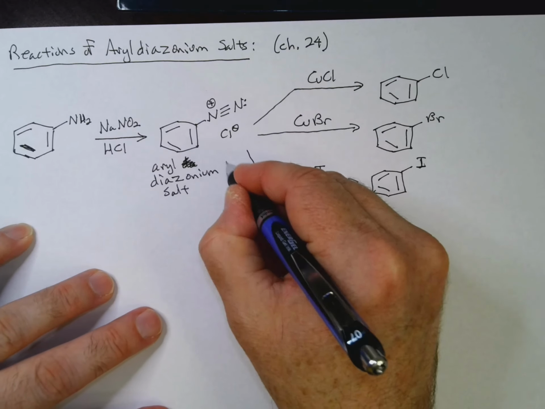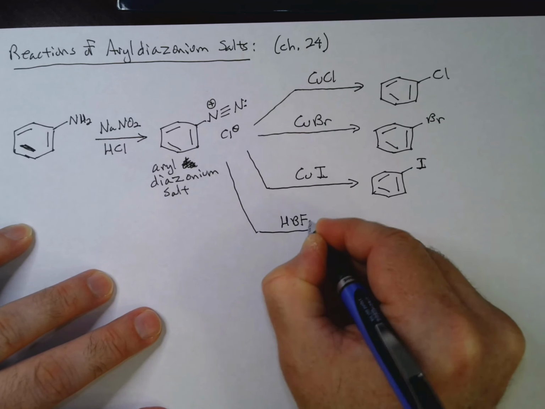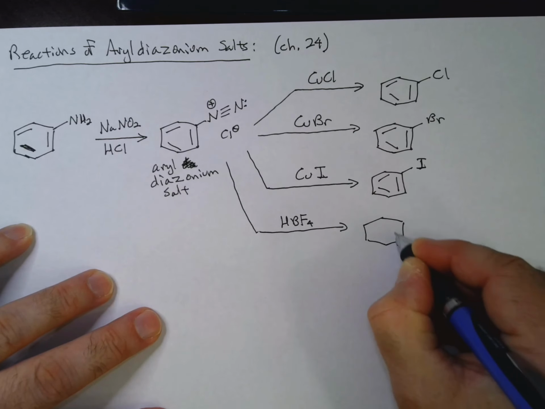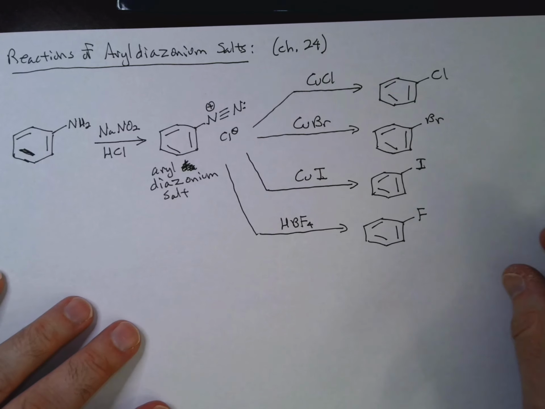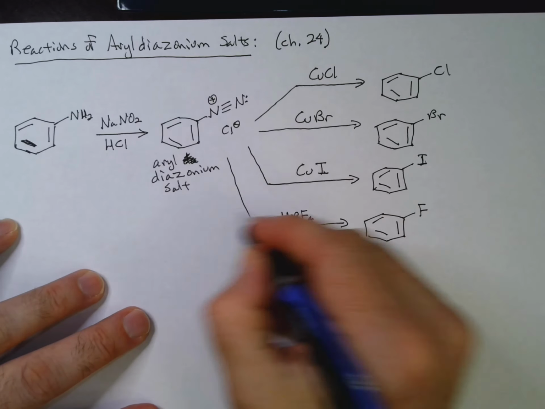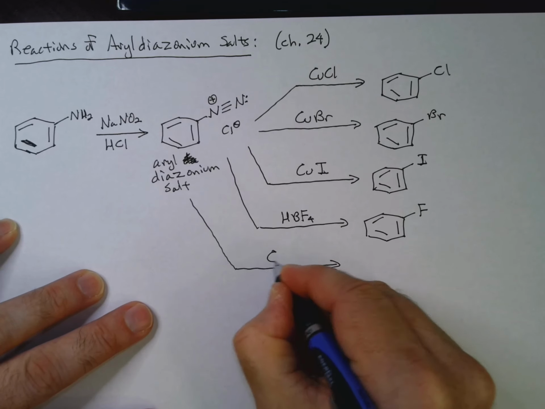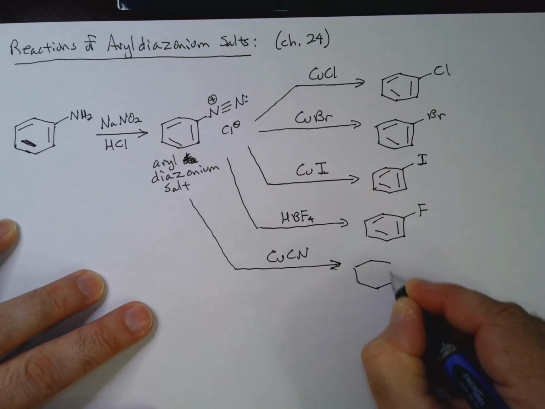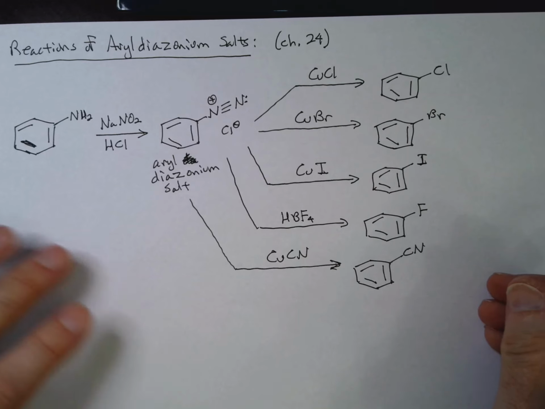We could also do HBF4 and get our fluorobenzene. A few more here. Let's use CuCN, and we will get cyanobenzene.